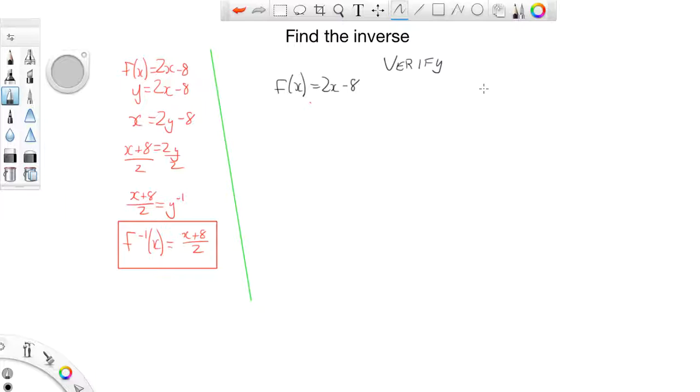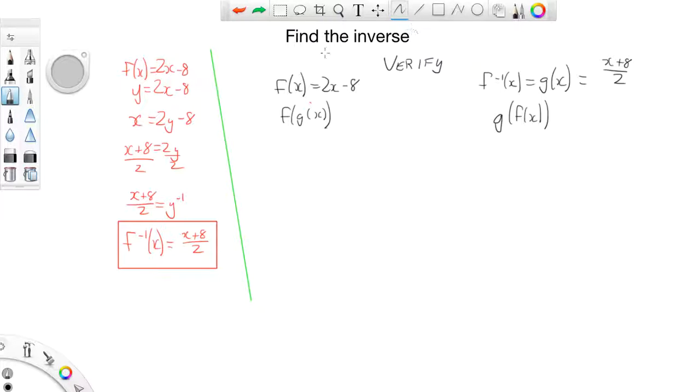And the second function is the inverse of f of x, which we can call g of x, and that is x plus 8 over 2. What we want to find out is f of g of x and g of f of x. And both of these should equal x. And if they do, it means that they're inverses of each other.